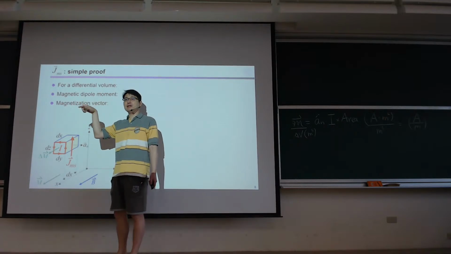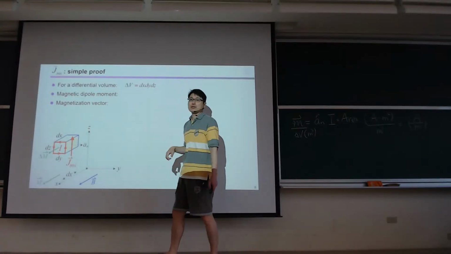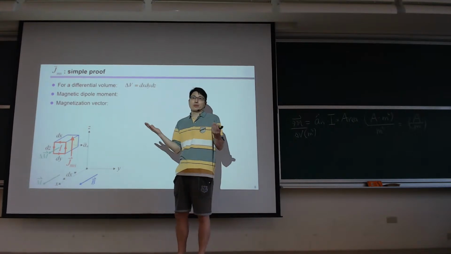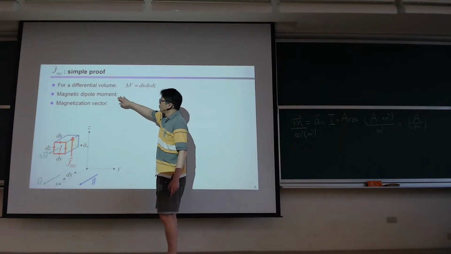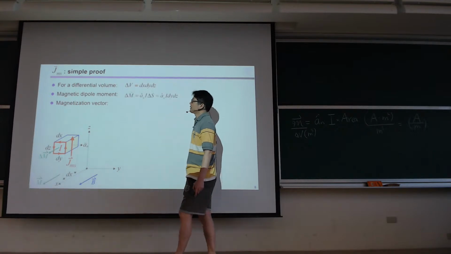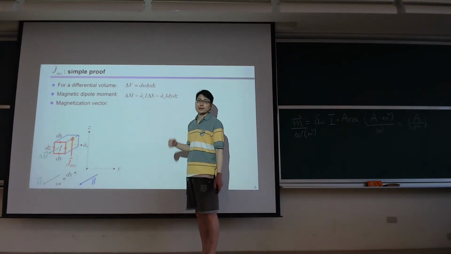So delta V, the differential volume, is placed in the denominator. So we have to find a way to formulate it: dx, dy, dz, since we're working in Cartesian coordinates. And what is your magnetic dipole moment? Well, your magnetic dipole moment is nothing more than I times the area.